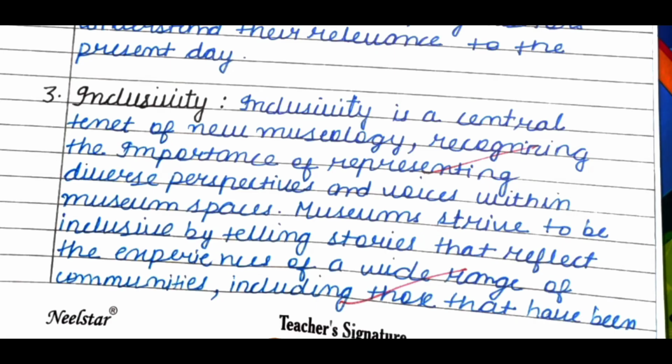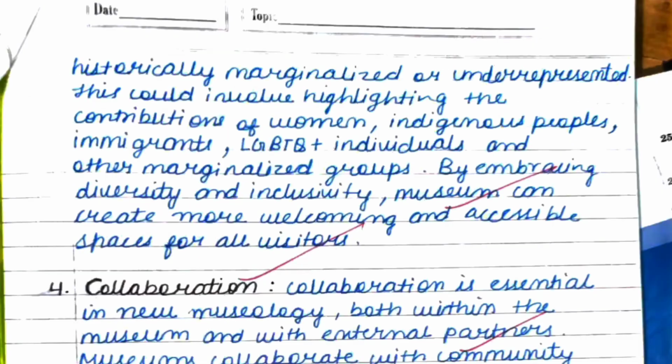Next important feature of new museology is inclusivity. Inclusivity is a central tenet of new museology. Basically, this approach focuses on representing diverse perspectives and voices within the museum spaces. It adopts this approach by telling stories that reflect the experiences of a wide range of communities, mostly marginalized groups or communities, so that they can reach a wider range of audience.